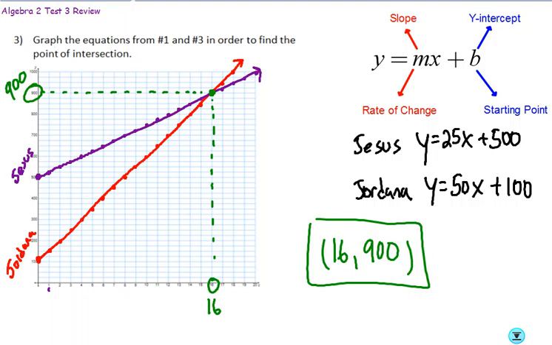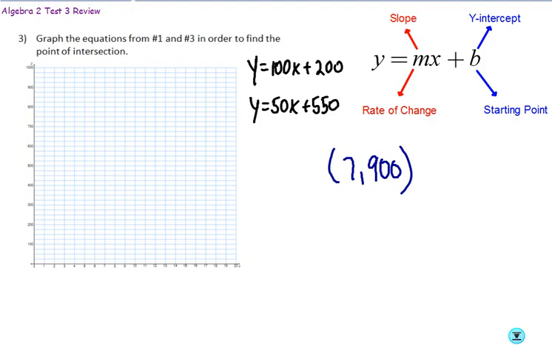Alright, so let's check your answer for number 3 on the right side. You should have gotten y equals 100x plus 200 and y equals 50x plus 550. Those were the two equations that you were using from the front side. And what you should have found is that they intersected at 7, 900.